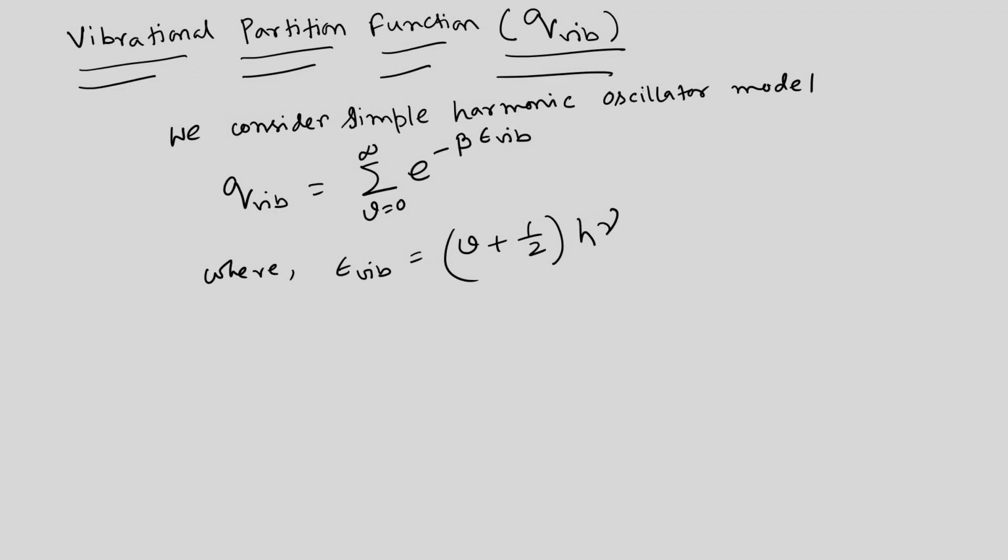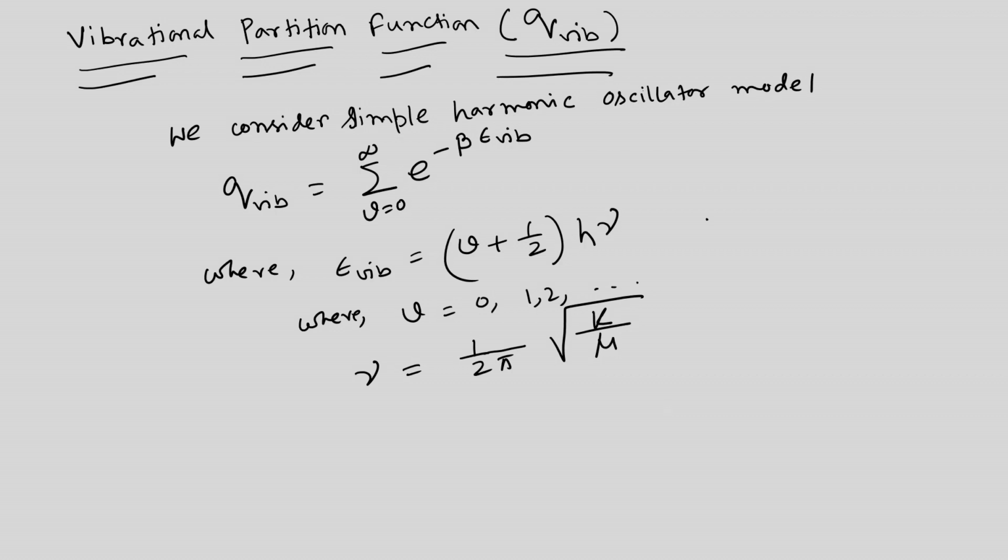Nu is the frequency, v is the different vibration levels, and v goes from 0, 1, 2, etc. h is Planck's constant. And nu can be written as 1 by 2 pi root over k by mu, where k is the bond force constant and mu is the reduced mass of the molecule.